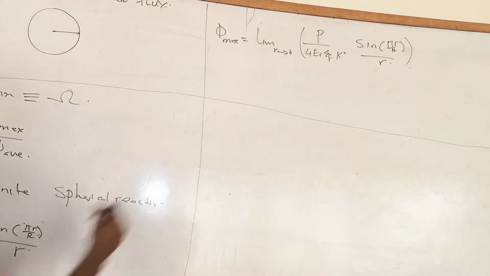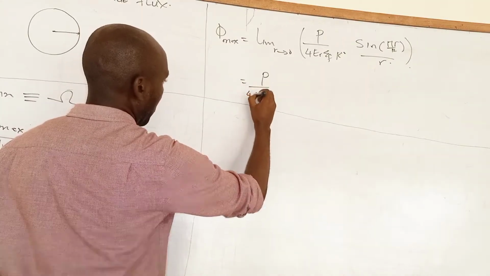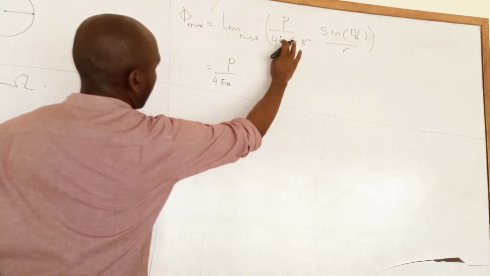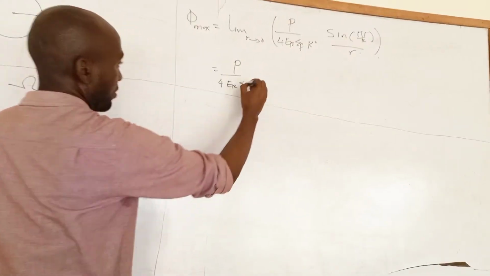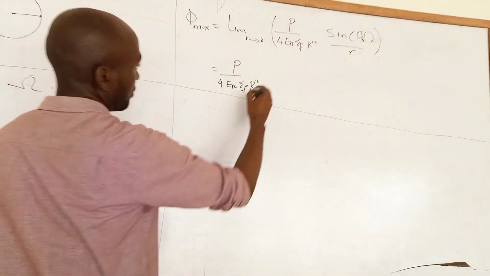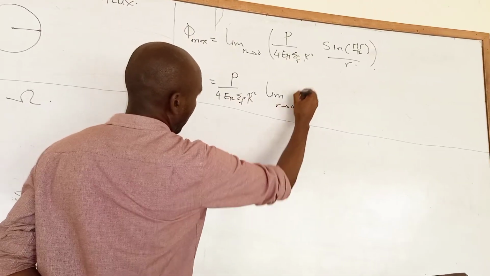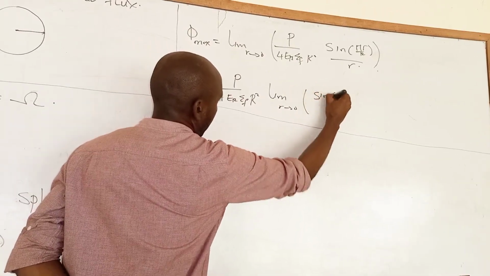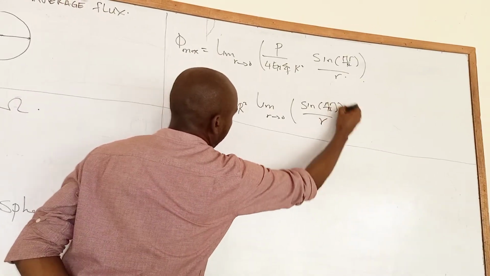So this will give us P over 4 ER EF r squared times the limit as r tends to 0 of sine pi r over r.